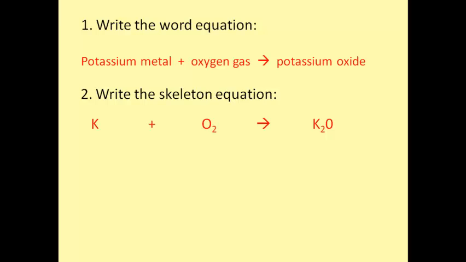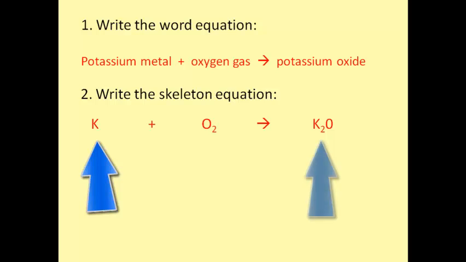This equation is not balanced because it doesn't show the same number of atoms on each side of the equation. It shows one potassium on the reactant side, but two potassiums on the product side. We know this isn't possible because matter cannot be created or destroyed, and this equation implies that one potassium atom was created in this reaction.